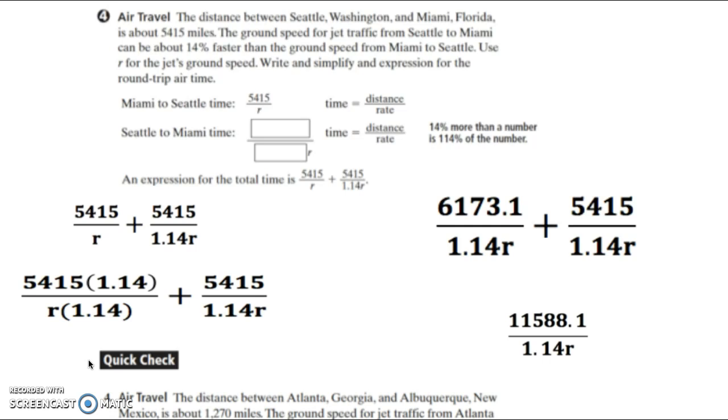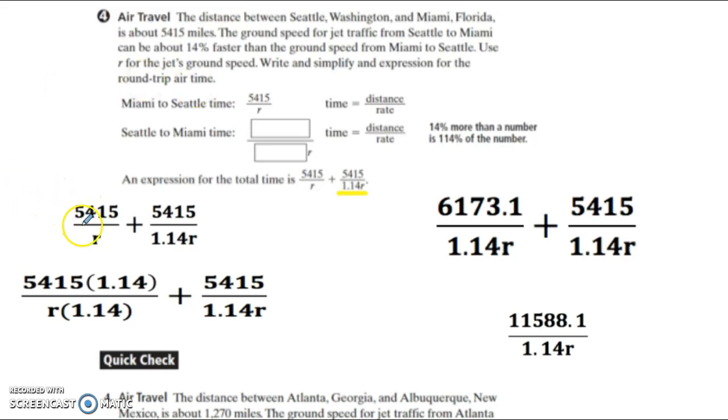So that's our rate from Miami to Seattle. Then from Seattle to Miami, our rate is going to be 14% faster. So notice how we have the 1.14 here. That is showing that it's 114% of the original rate.